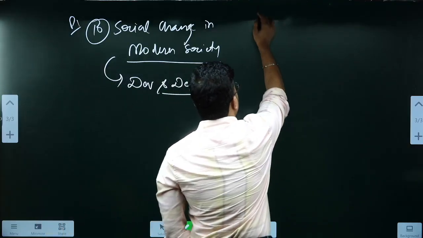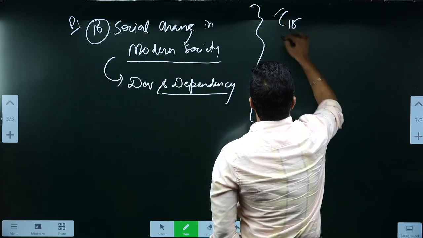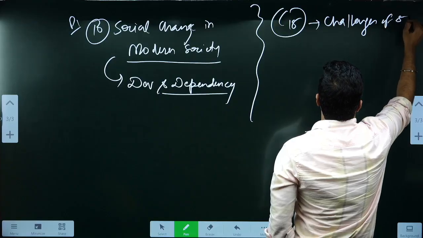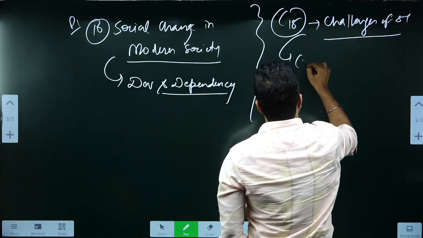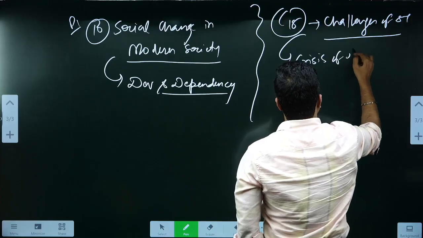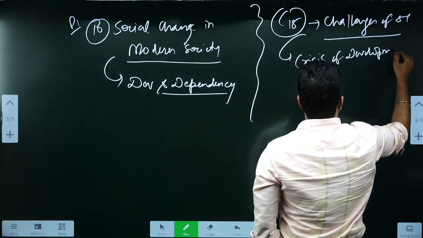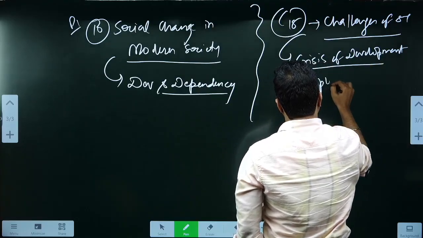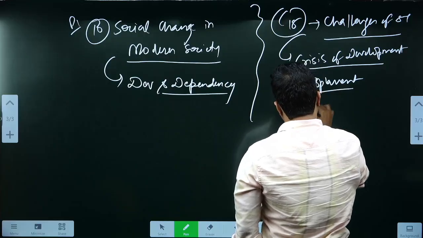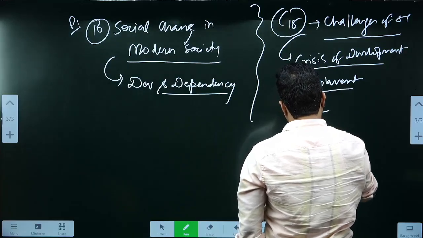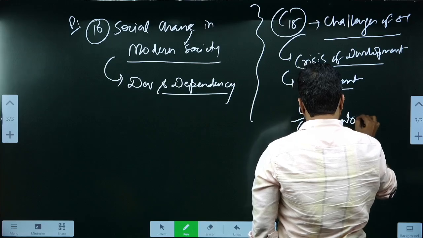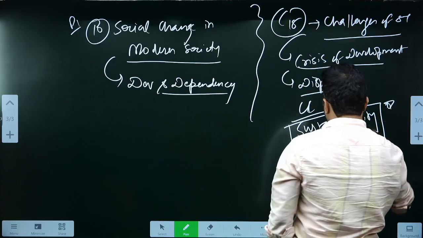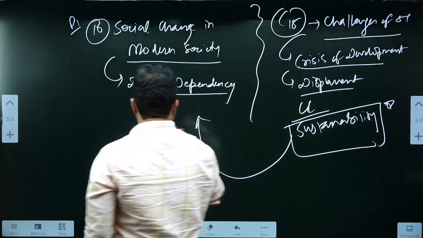Whereas in chapter 15 of paper 2, which talks about challenges of social transformation, here you read about crisis of development, where the topic is of displacement, climate change, or sustainability. Now this sustainability as such is given in your paper 2, but this time they have asked question in paper 1 also.